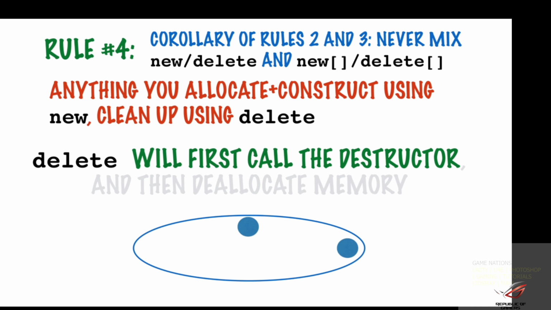If your member variables are pointers, then you yourself have to call the destructors of those member variables within the destructor of the class that you've set up. So delete will first call the destructor, which means that your object once more looks like what you see on screen. Everything within the object has been destructed, only the memory space remains.